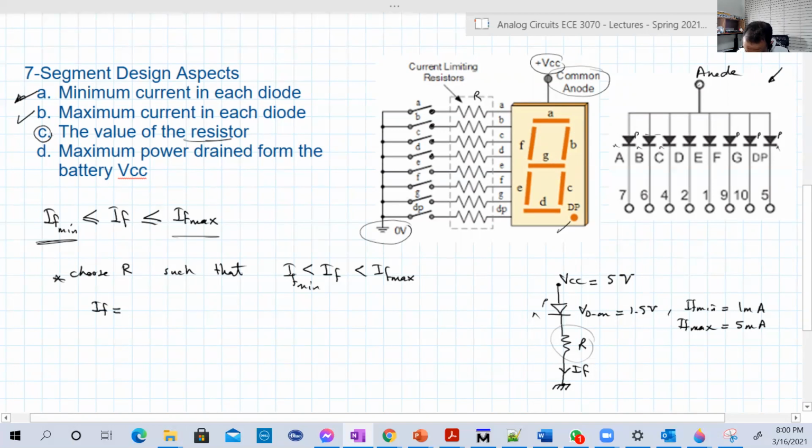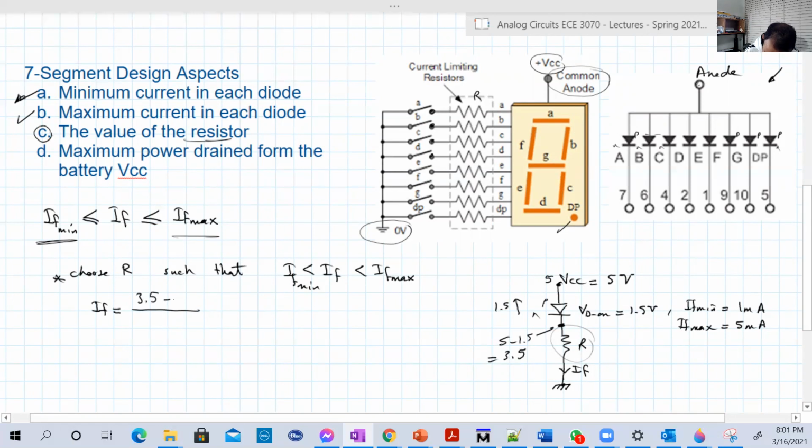I is flowing in R, so it's equal to this point minus this point over R. If you have 5 volts here and 1.5 volts across the LED, this point is 5 minus 1.5, which is basically 3.5.